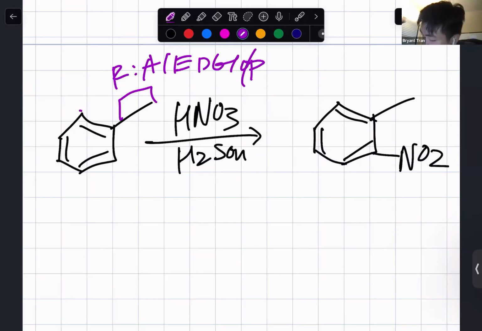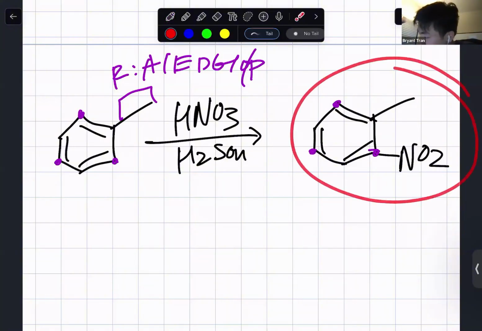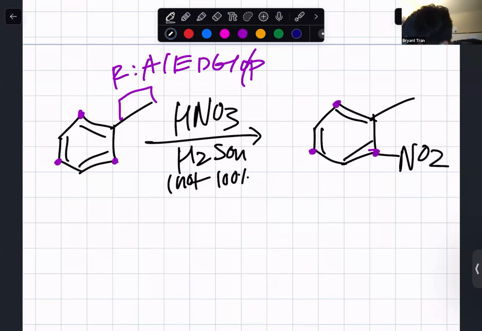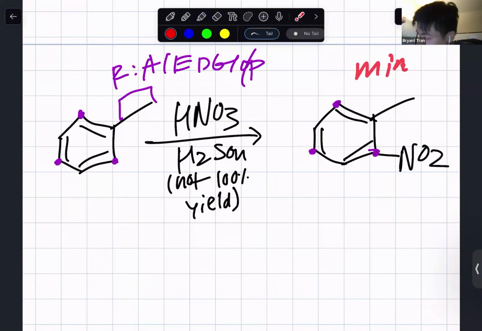And the ortho-para positions to this group are these purple positions here. So we see that this will get formed because this NO2 is ortho to that. But this will not get 100% yield, because this is actually the minor product if we just do it like that.